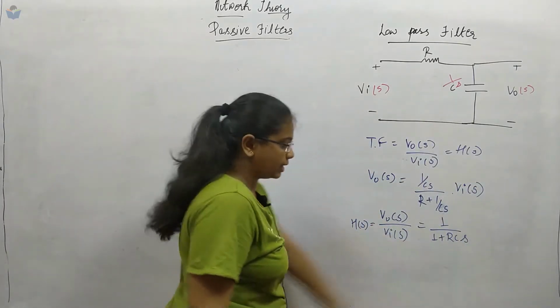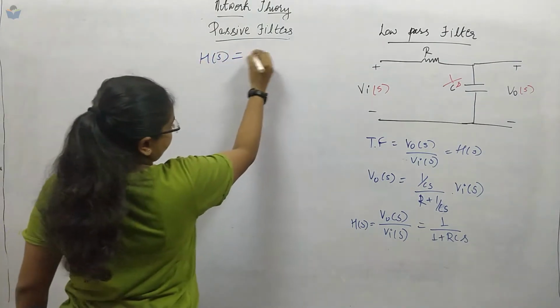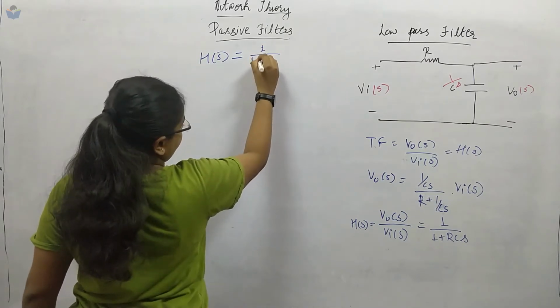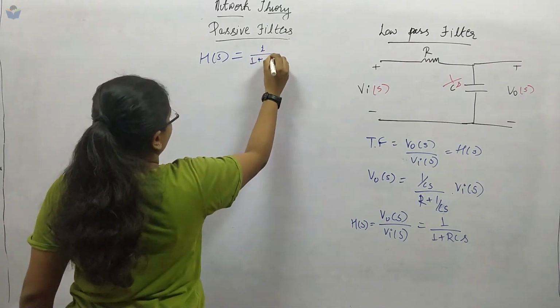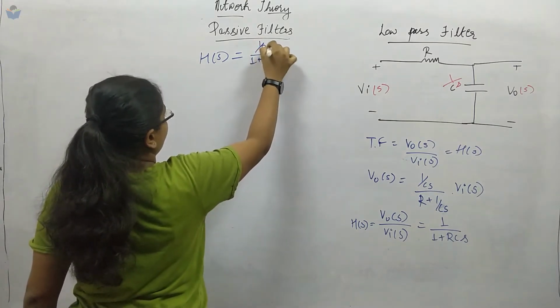Now if I take RC common, I will get 1 by RC upon (S plus 1 by RC).